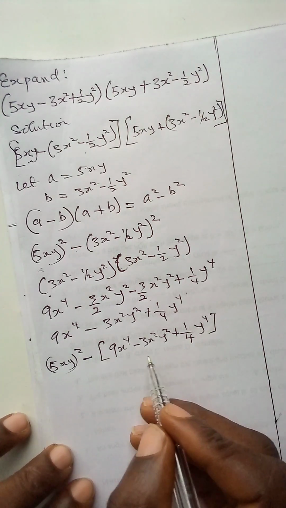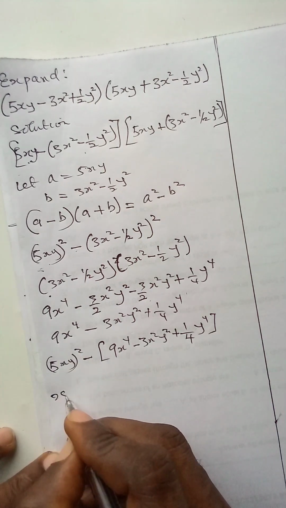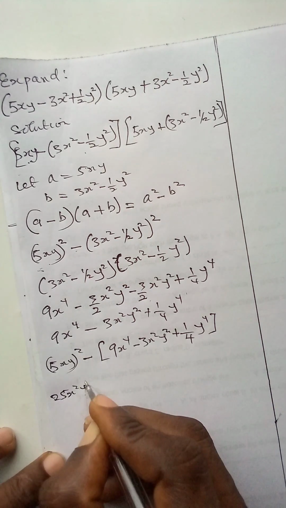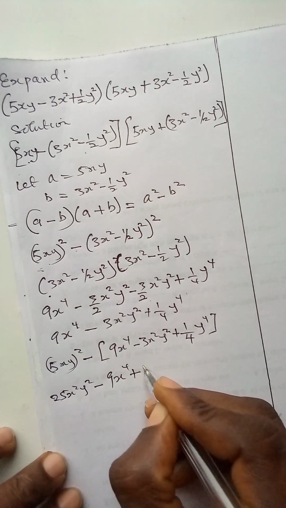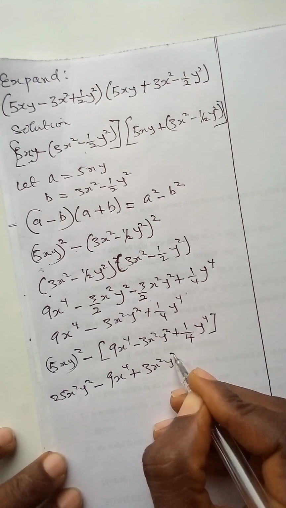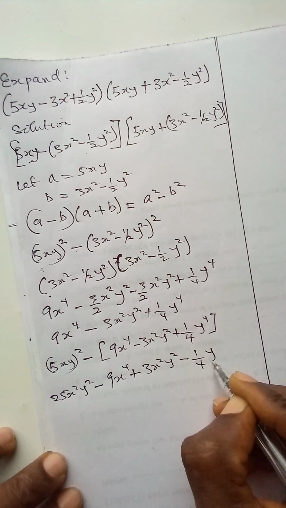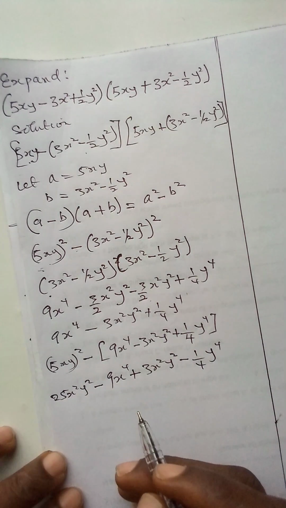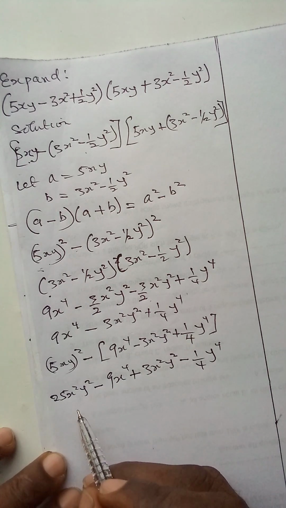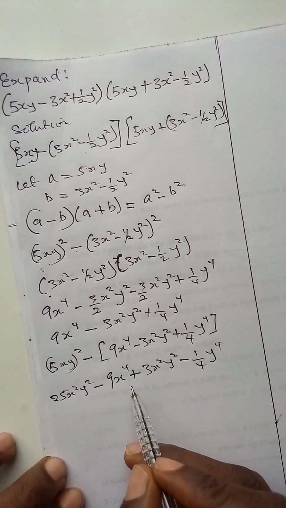So let us open the brackets with this minus and then expand it. This is 25 x squared y squared minus 9x to power 4 plus 3x squared y squared minus 1 over 4 y to power 4. So now let us rearrange them.